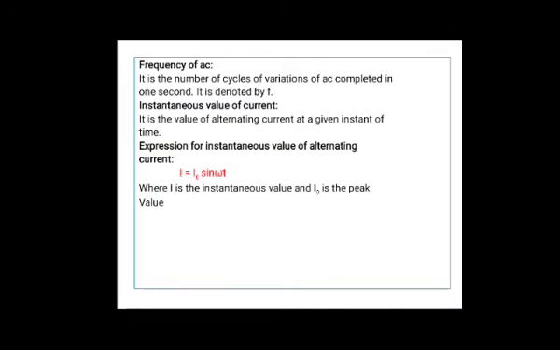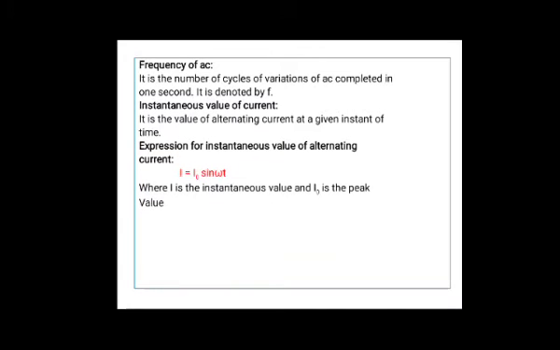Now let us see instantaneous value of current. It is the value of AC at given instant of time. So instantaneous value means at given instant of time, what is the value of that alternating current? Then let us see the expression for instantaneous value of alternating current.